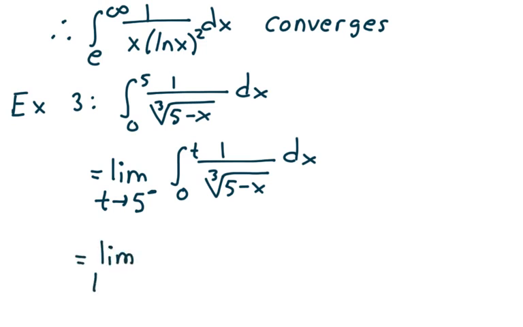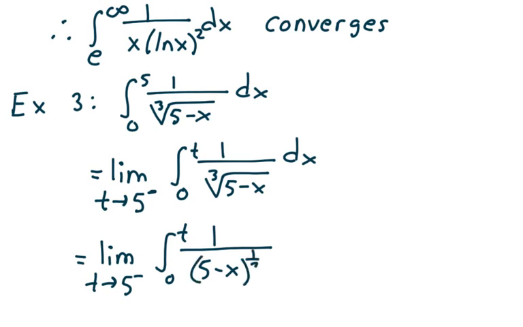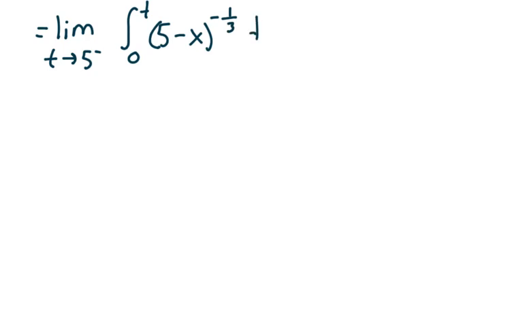So this is the limit as t goes to 5 from the left of the integral from 0 to t of 1 over 5 minus x to the 1/3 dx. So this is the limit as t goes to 5 from the left of the integral from 0 to t of 5 minus x to the negative a third dx.